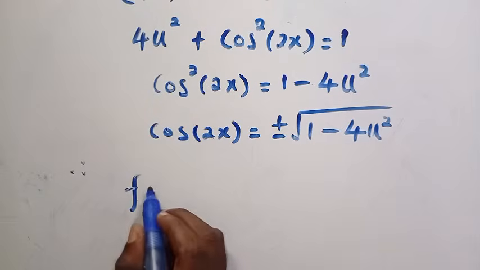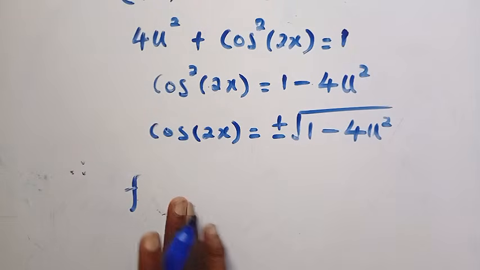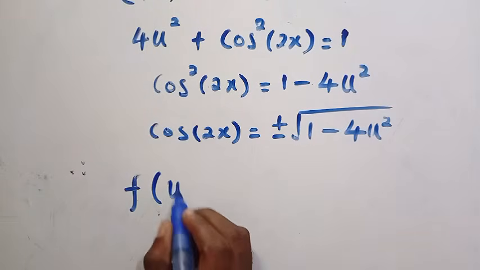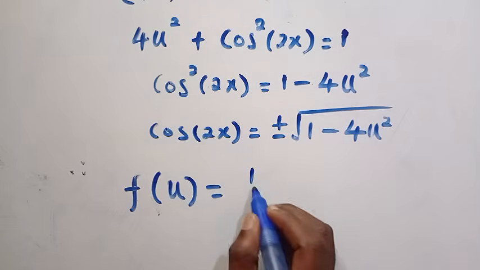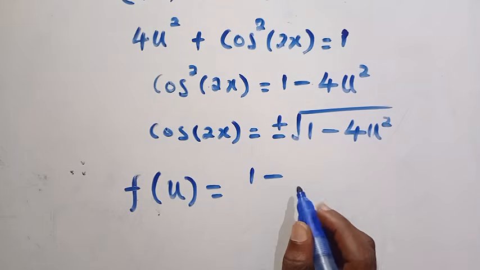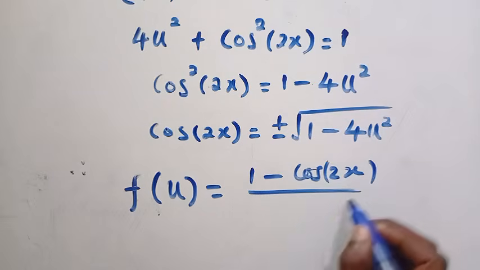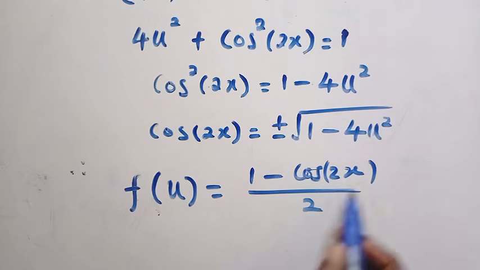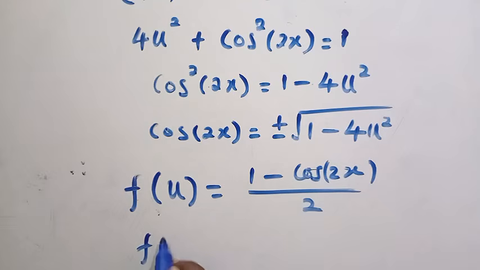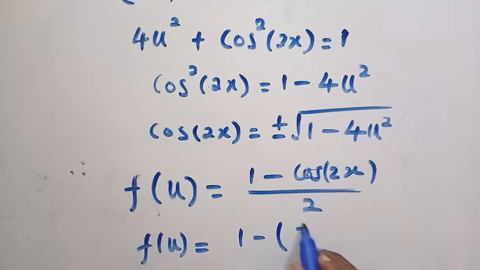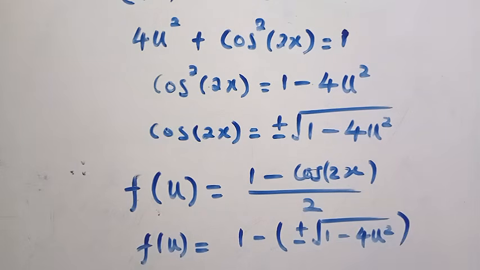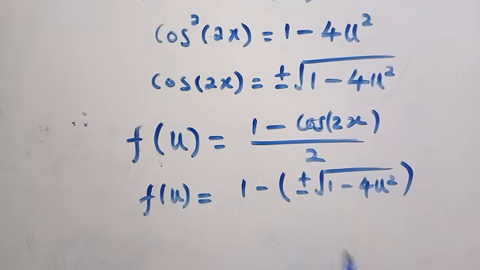Now if you recall back, making this step 3, we take back the substitution into where we have f of u equals 1 minus cos 2x divided by 2. So with cos 2x equals this, we have f of u equals 1 minus open bracket plus or minus square root of 1 minus 4u squared, then divided by 2.